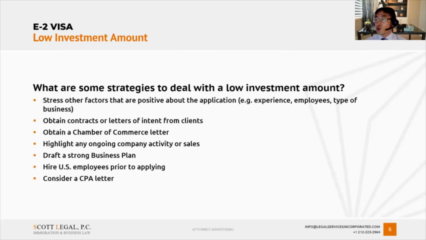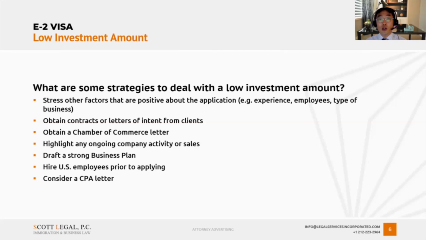So what are some strategies to deal with a low investment amount? If your E-2 case is weak because your investment amount is small, you may want to strengthen other aspects of your case. Hiring a US worker before you submit the application is probably one of the best steps you can take. Another thing you can do is show that your E-2 business already has demand from potential clients or business partners in the United States.